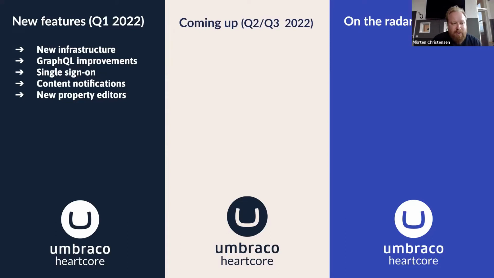And it's always nice to have an opportunity to work with partners to improve on these areas. Then we've worked on single sign-on. So if you're using Umbraco Cloud today, you're probably already using Umbraco ID for your regular Umbraco Cloud projects, or when you're logging into the cloud portal. We've added that to Heartcore as well. So we started out by adding it to new projects that are created.